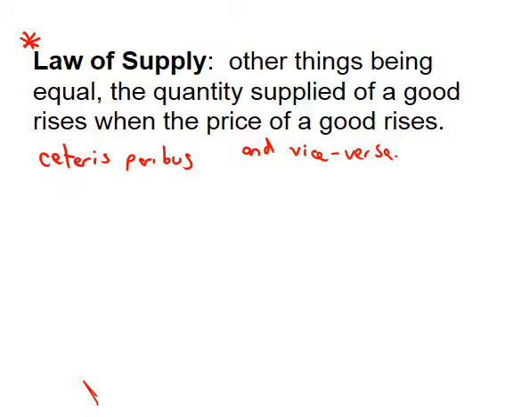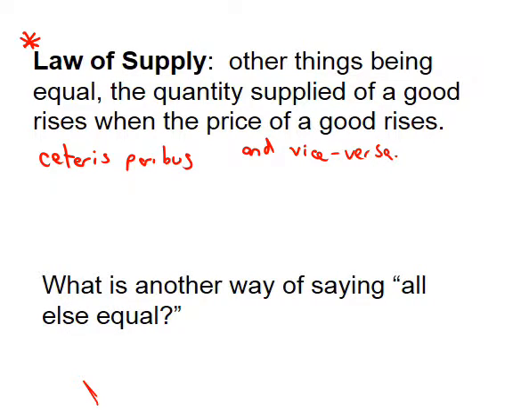Their quantity supplied will increase. And if the price of the good decreases, their quantity supplied will decrease. And this happens for several reasons that we'll look at. So what is another way of saying all else equal? The ceteris paribus.